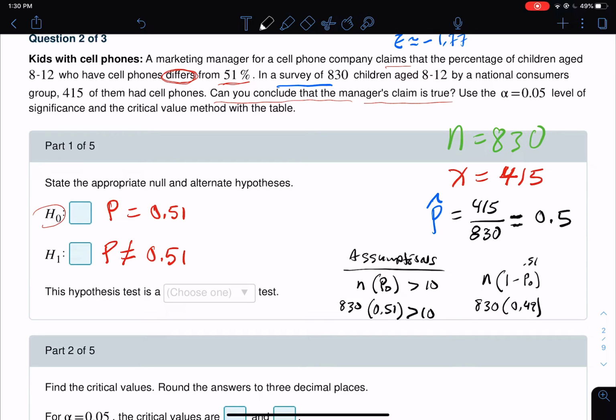And that's still close to half of those people, which is way bigger than 10. So anyhow, they didn't really ask for that, but those are the assumptions that are supposed to be met to make sure that the distribution is approximately normal.